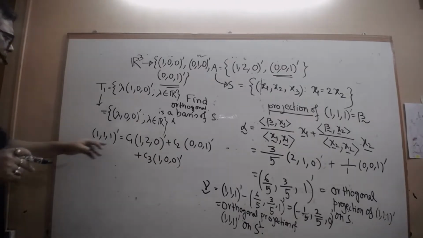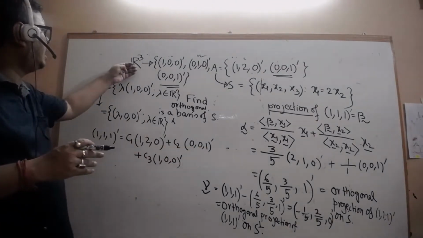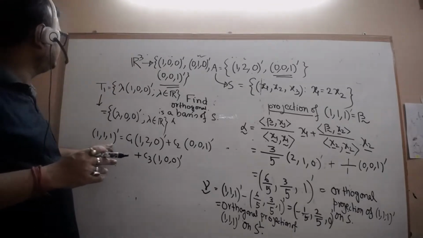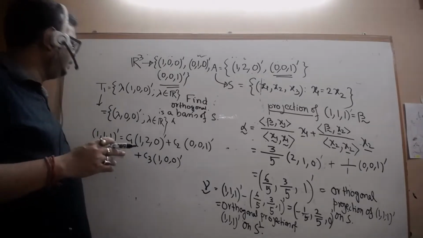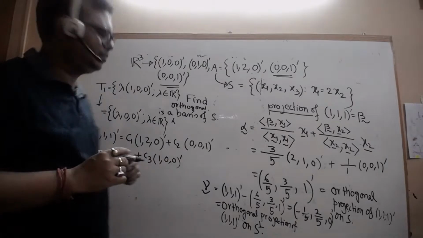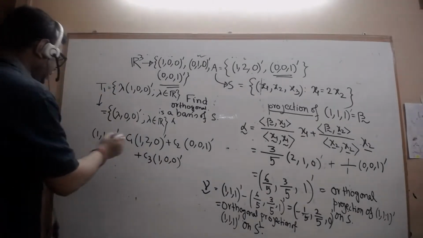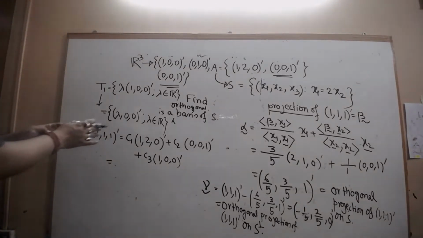And since 1 2 0, 0 0 1, 1 0 0 is a basis of R3 and 1 1 1 is a vector in R3, 1 1 1 should be written as a linear combination of these three vectors. Now there exist C1, C2, C3 such that left hand side equals right hand side.